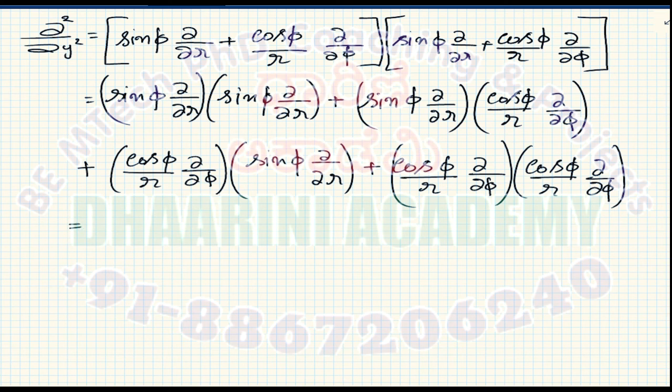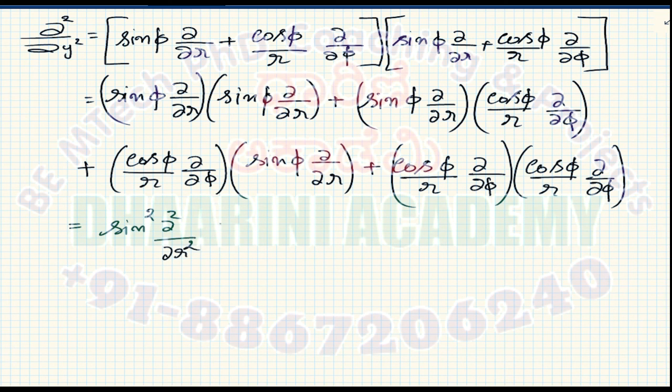Applying the similar way of differentiation like we did for the dou squared by dou x squared, right? I'll keep writing the answer. We get so sine into sine. Okay, this becomes sine squared dou square divided by dou r squared.